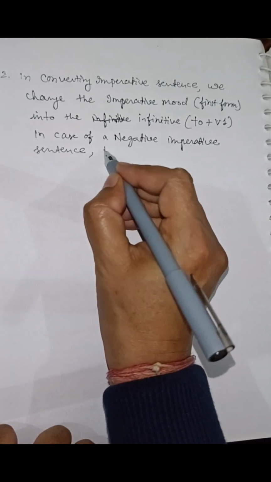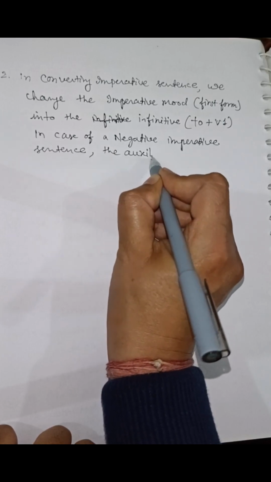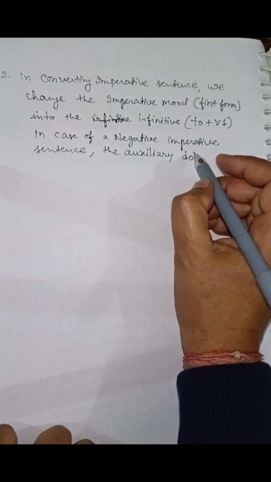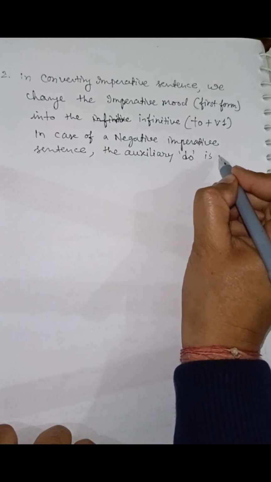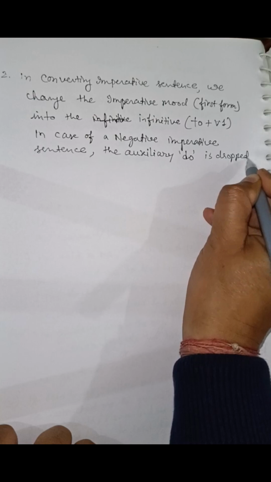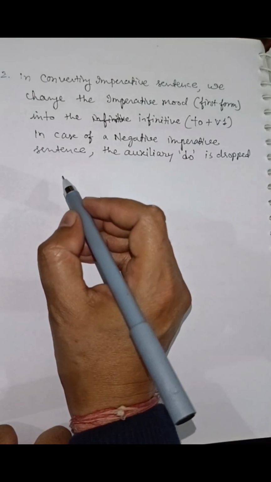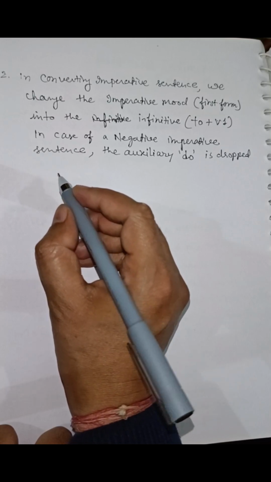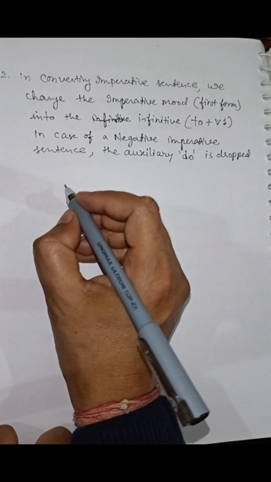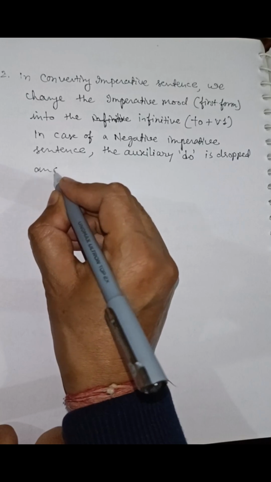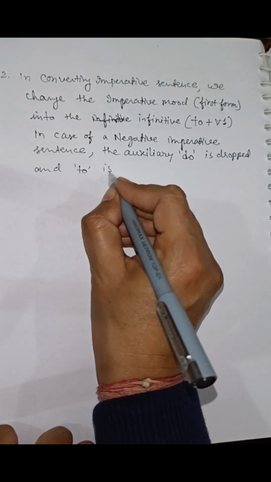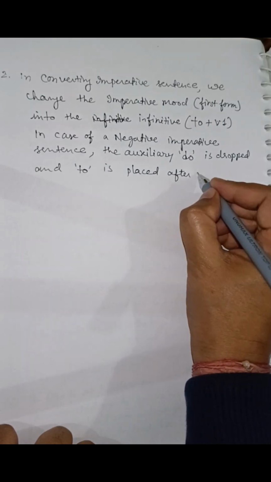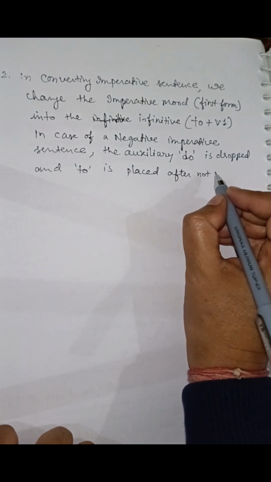The auxiliary do is dropped and to is placed after not, as we have seen in the example that I've shown.